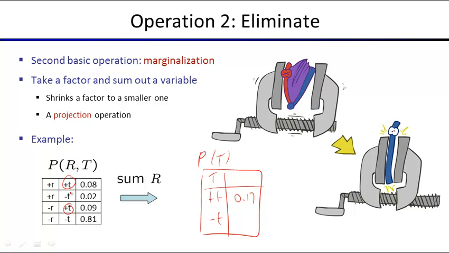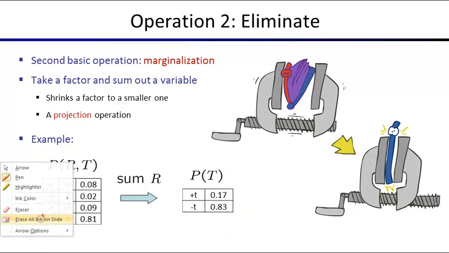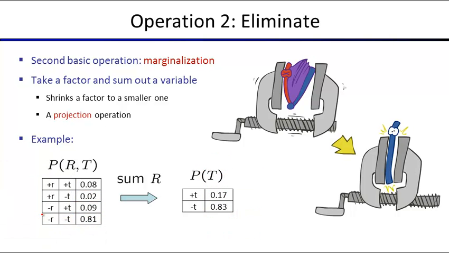This one, negative T, is these two entries, so 0.83. That's what it means to marginalize over, in this case, the variable R. These are our two basic operations that we'll be using, join and summing out. Summing out is the same as marginalization.